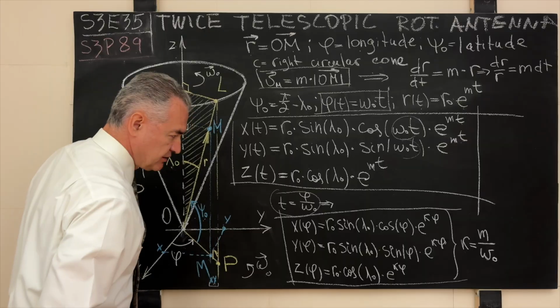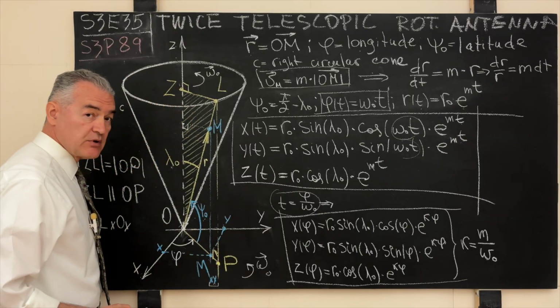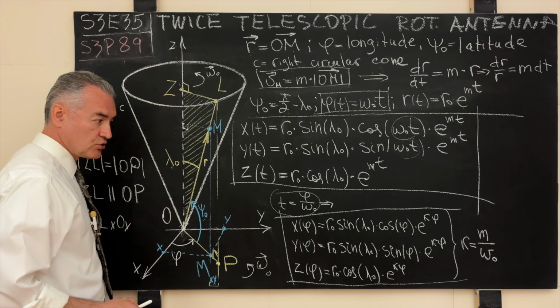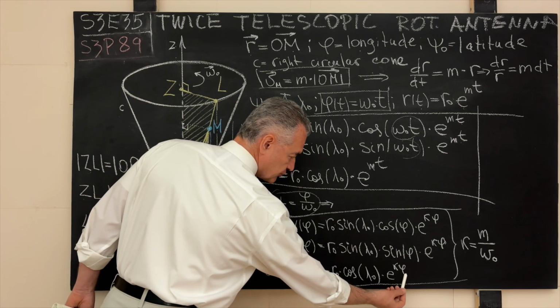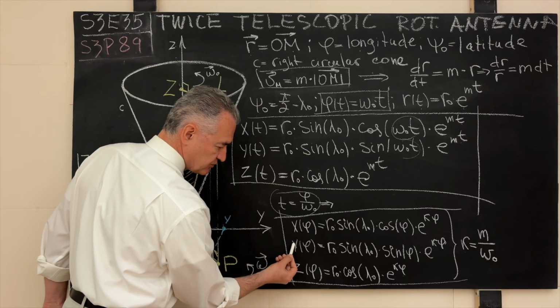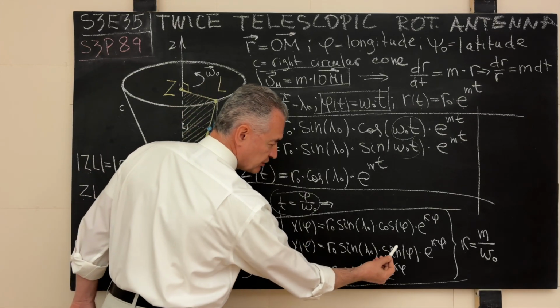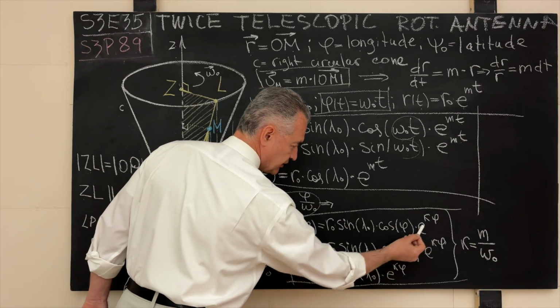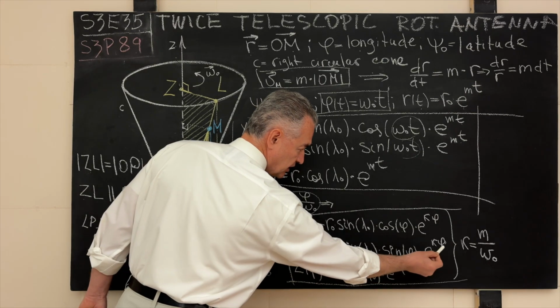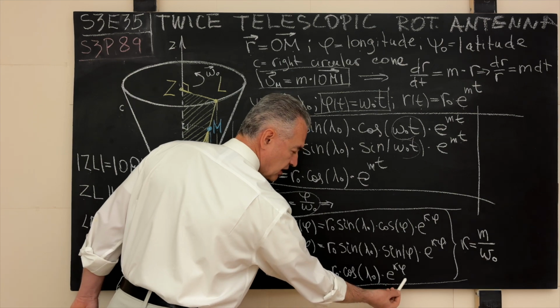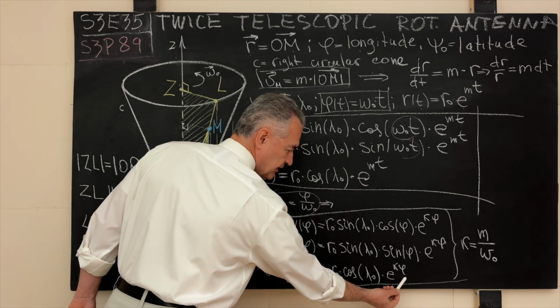And again, this is just a different way to parameterize the motion of the point M over the surface of a right circular cone. Again, don't forget that we have these functions x, y, and z with a parameter of the angle phi, the longitude of the point, and it shows up twice, here and here, in the trigonometric function of sine and the exponent, but here it shows up only once as the exponent of the base of the natural logarithm e.